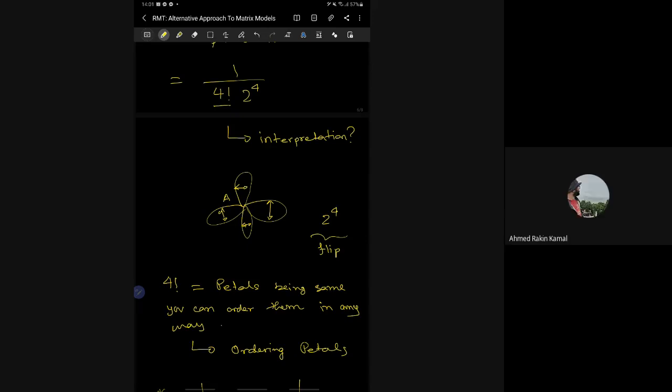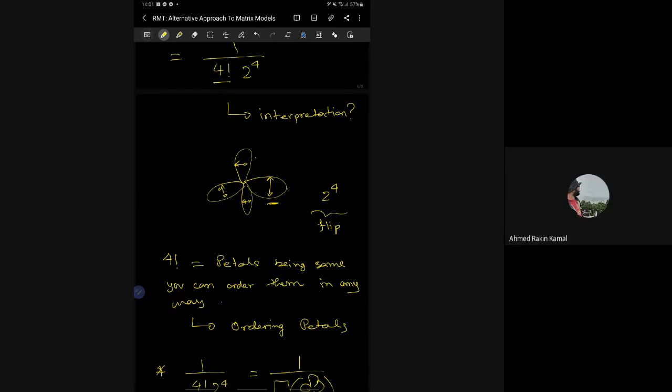And if you have a different order, for example, if you put this here, it's the same. So 4 factorial ways of arranging them. You have 4 factorial configurations. However I arrange the petals, they give me the same graph.